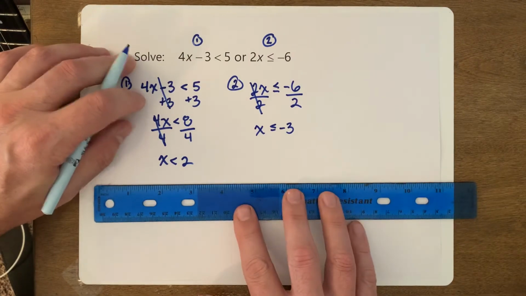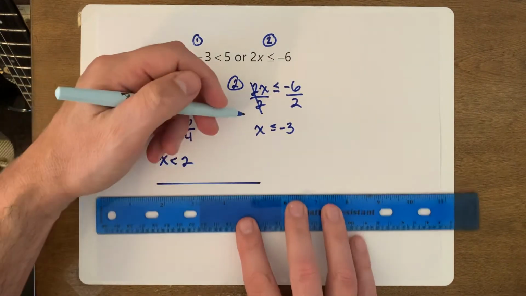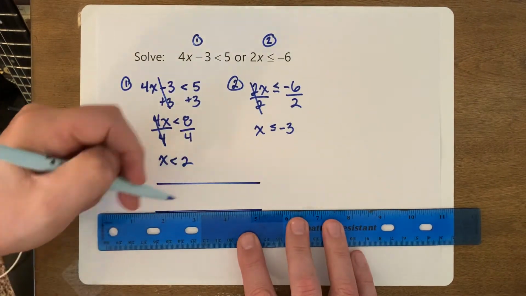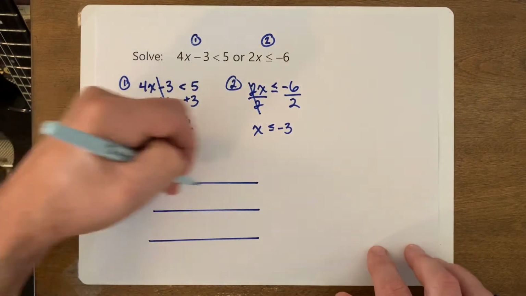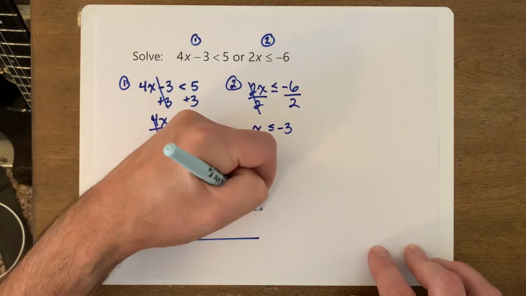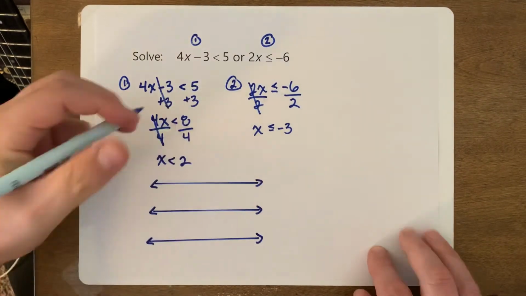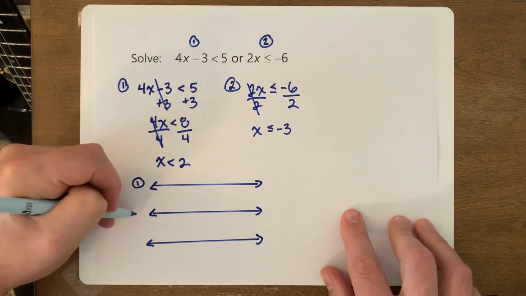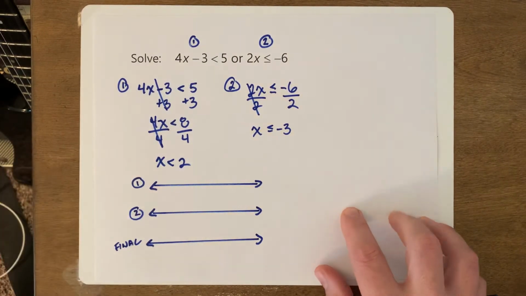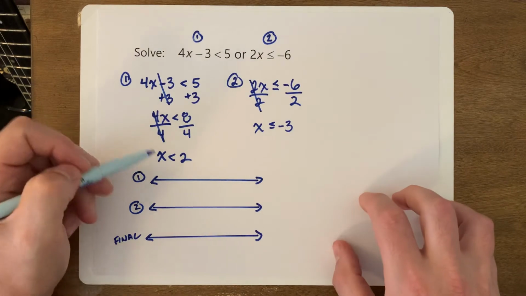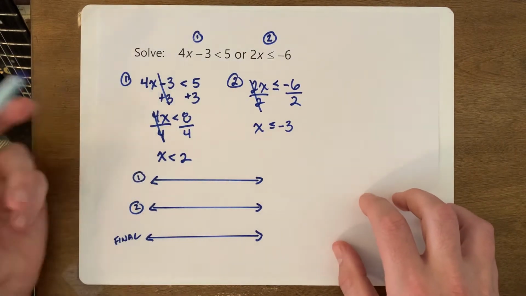All right, here's the 3 number lines. Leave some room there. Okay, and you see now why the pictures help so much. 1, 2, and final. All right, for our first one, we've got all x less than 2.